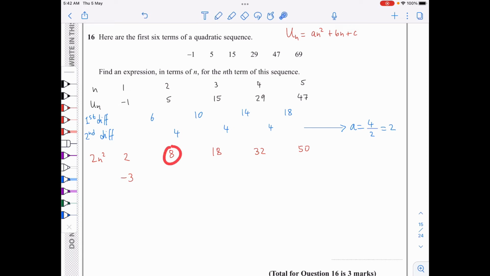From 8 to 5, I need to deduct 3. From 18 to 15, I deduct 3. So I see I always have to deduct 3. So from 2n squared, if you deduct 3, you have found the expression for the nth term of this quadratic sequence is 2n squared minus 3.